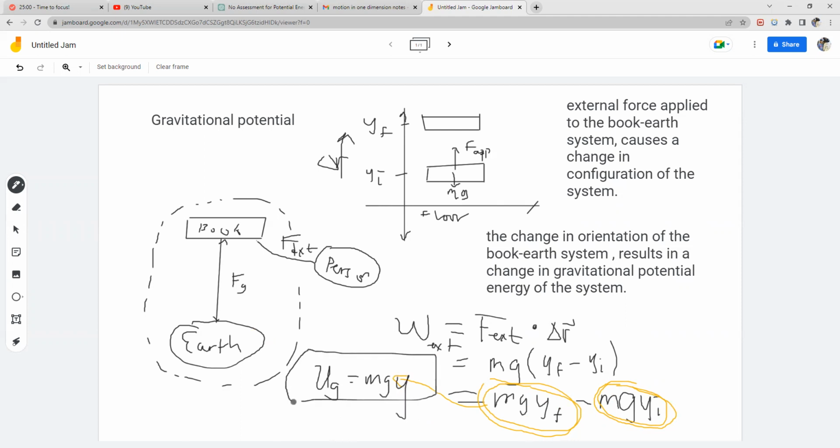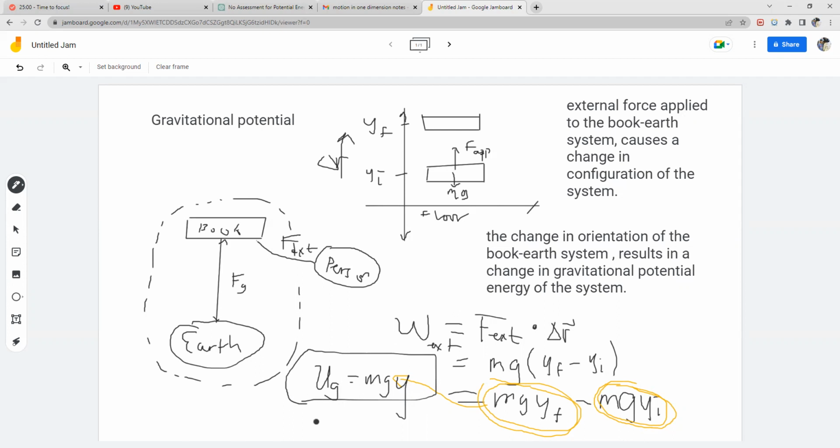This expression, or you're probably more familiar with mgh, is the formula for potential energy only when the system is composed of objects near the Earth's surface, and because in that case, small g is constant, 9.8 meters per second squared.